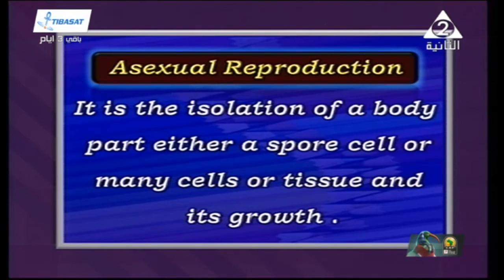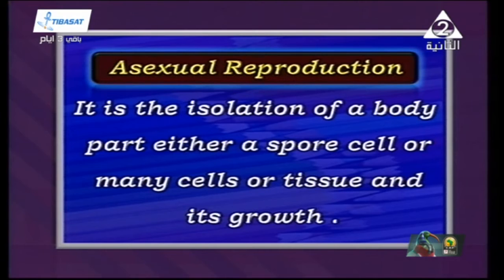Isolation means to separate a part of the body, and it has different forms, like spores, as in bread mold fungus and most fungi, and also some parts of living organisms like the starfish, as we're going to see in the regeneration type.